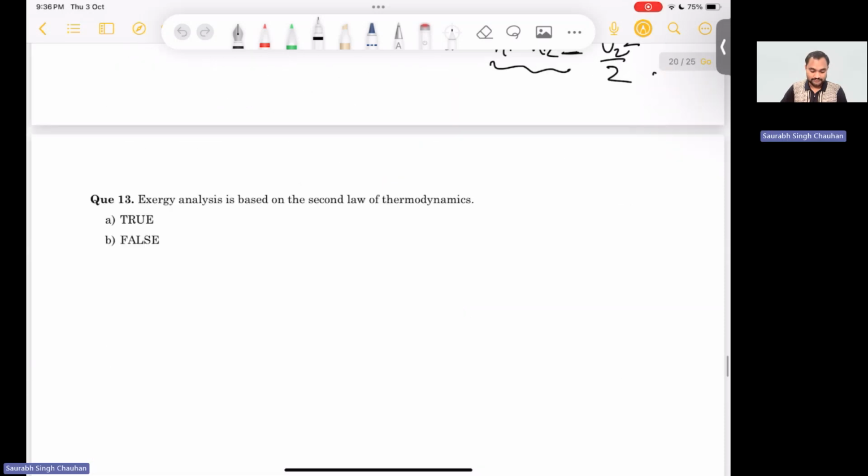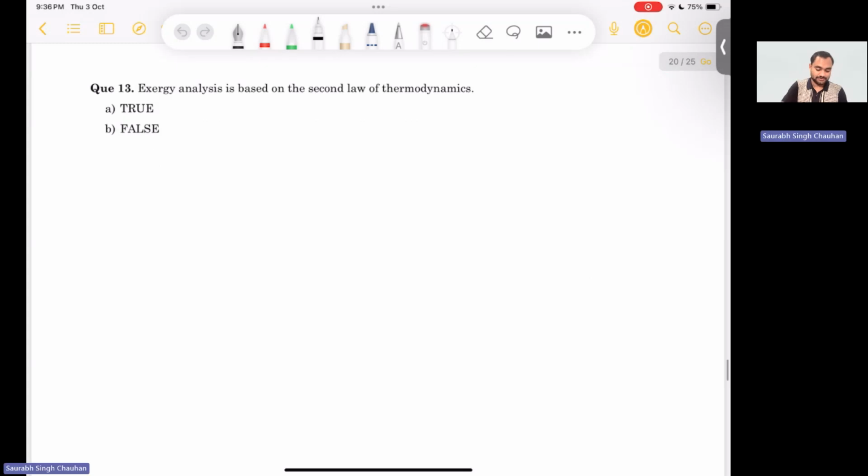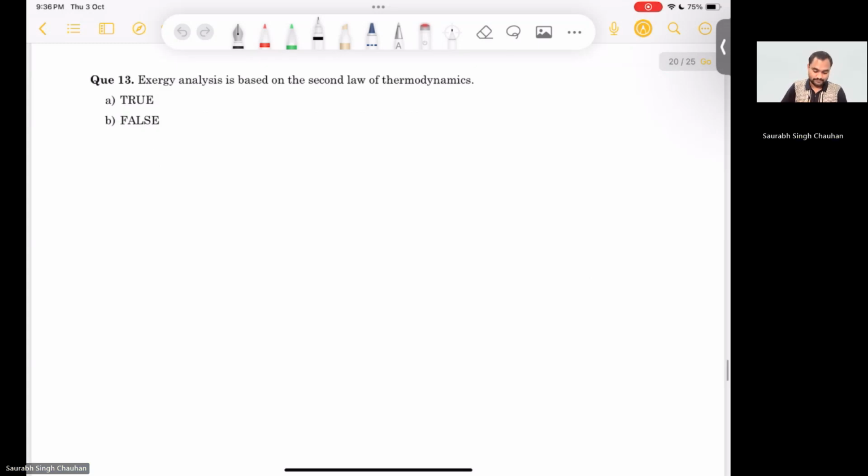If it is clear, then we will move to the next question. Question 13. Question 13 says exergy analysis is based on second law of thermodynamics. Yes, it is.